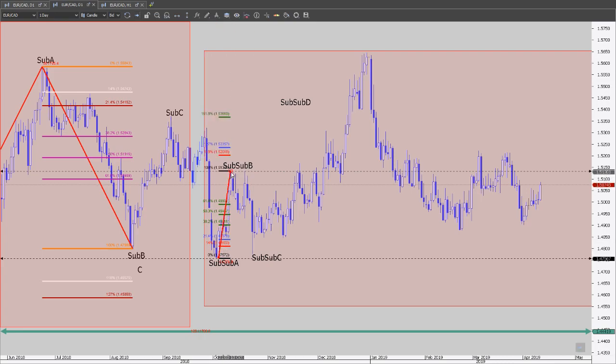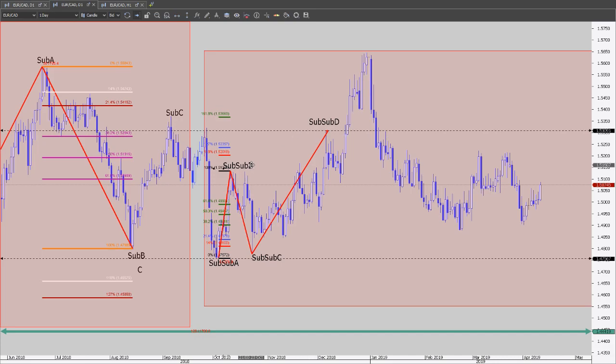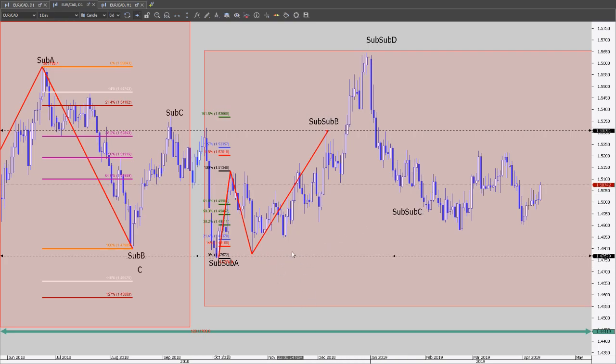So sub A to sub B, sub B to sub C, and sub C, red goes to red, to sub D. So this is my sub D, and I'm going to move the horizontal line up in here. So sub B goes to sub D, and sub A goes to sub C.